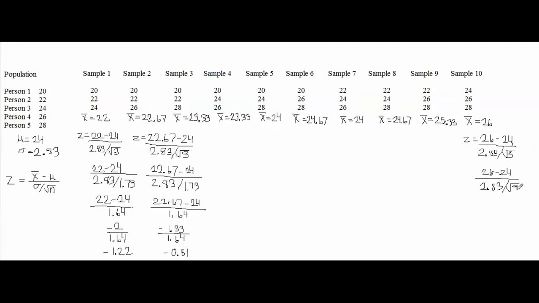We know that the square root of 3 is 1.73. So I'll change this to 1.73.